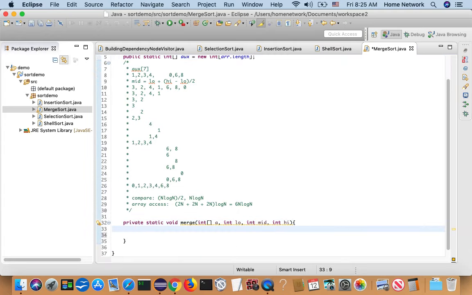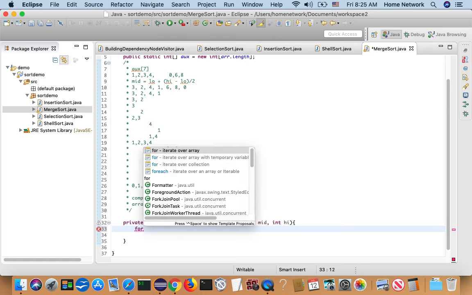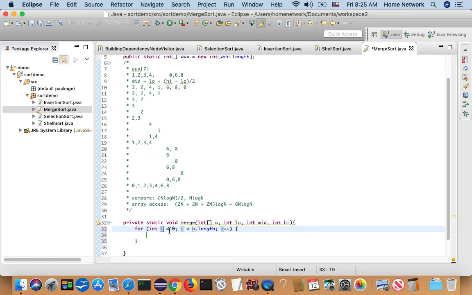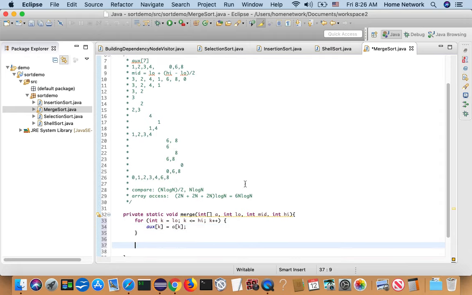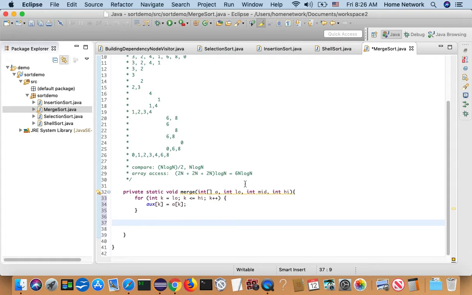Next, let's copy the original array into the auxiliary array. We only need to concern ourselves with the range from low to high. And let's copy. Once we copied it, we need to copy it back in order to merge it.